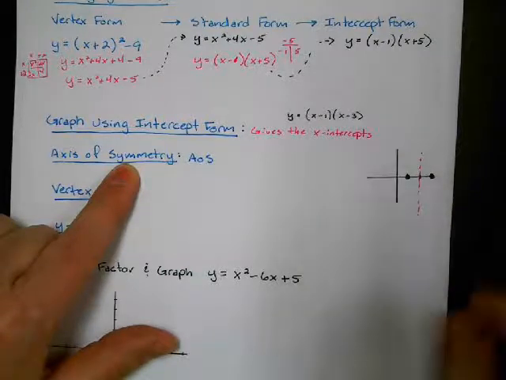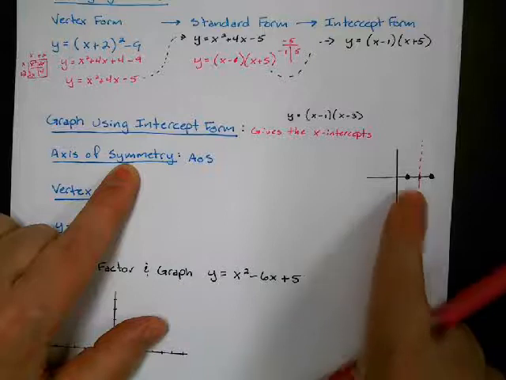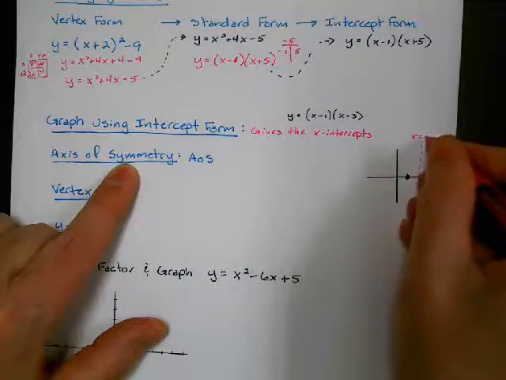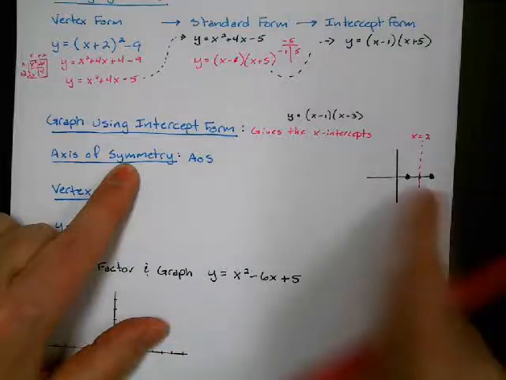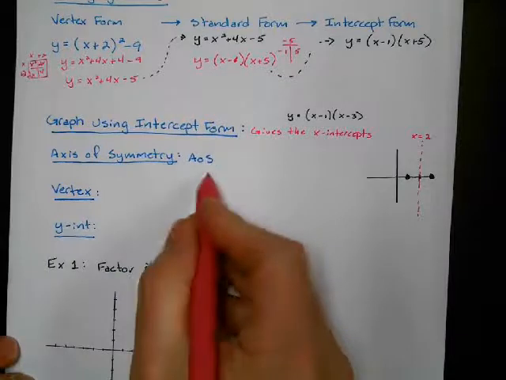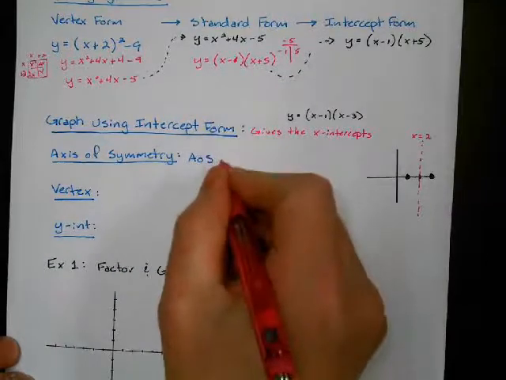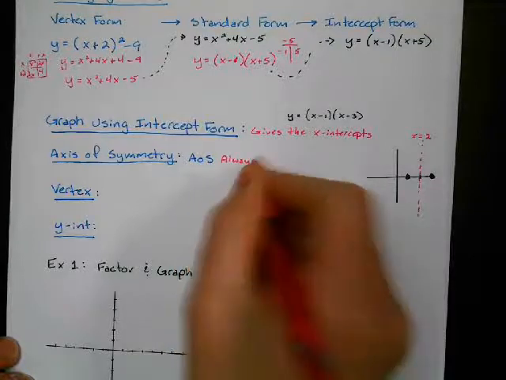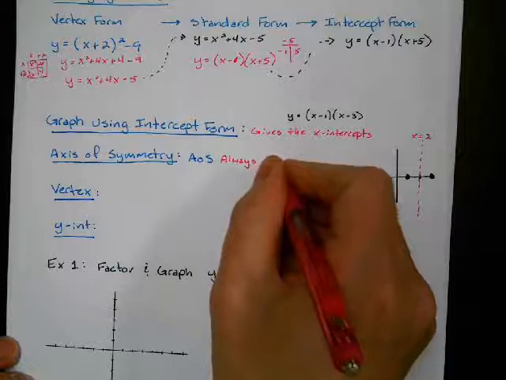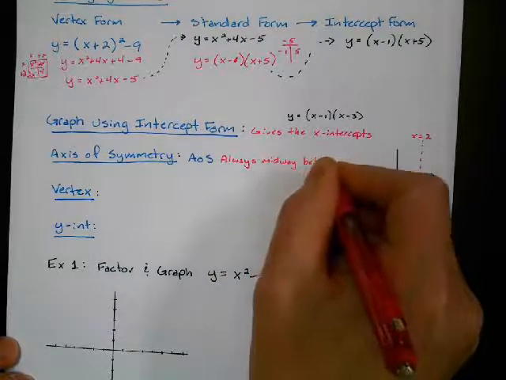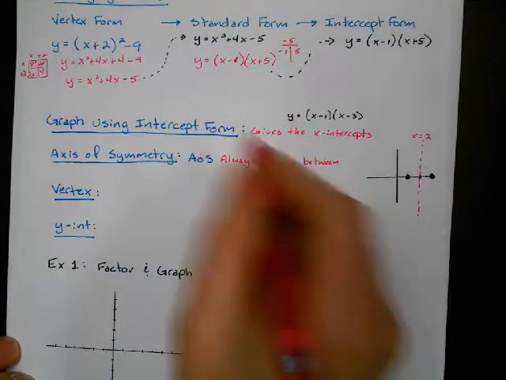So this means that my axis of symmetry has to be right directly between my 2 intercepts. In this case, x equals 2 would be my axis of symmetry. So the axis of symmetry is always midway between the x-intercepts.